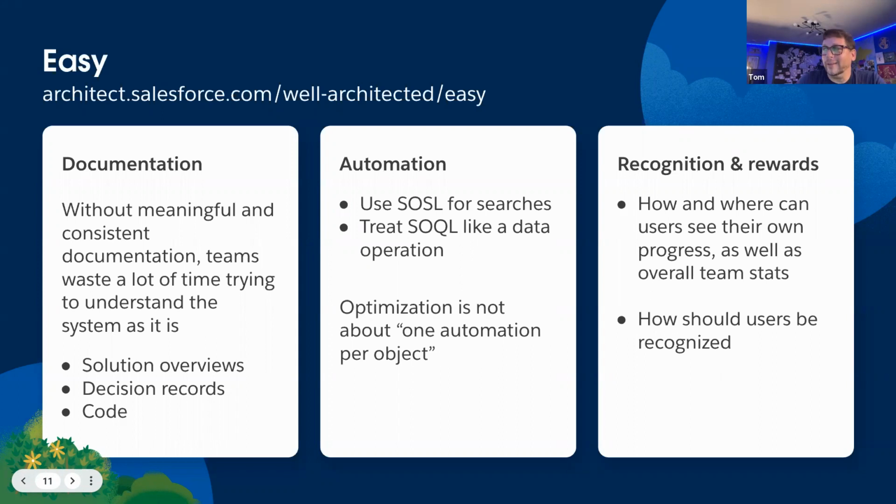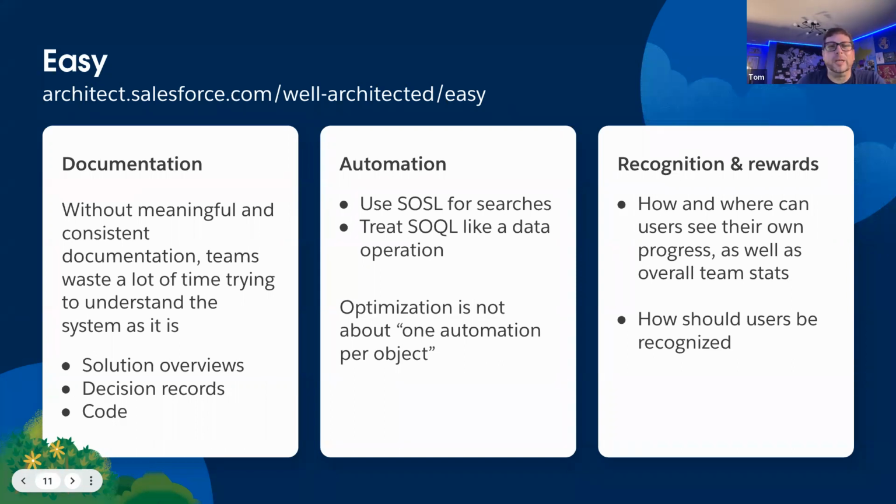And then the other one in the middle there is optimization. I know a lot of our documentation still says this, but one automation per object is old advice that probably made sense years ago when we were talking about process builders, and we didn't have all of the new features and tools that we have now, like to orchestrate automations and build subflows and control the order that flows execute when they're record triggered.